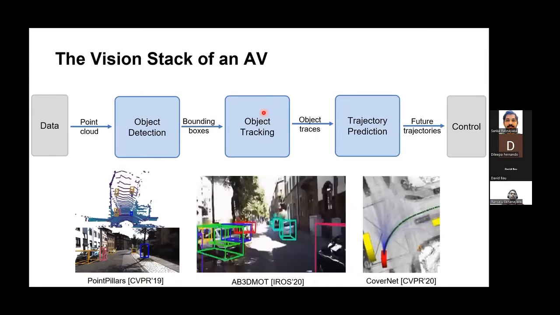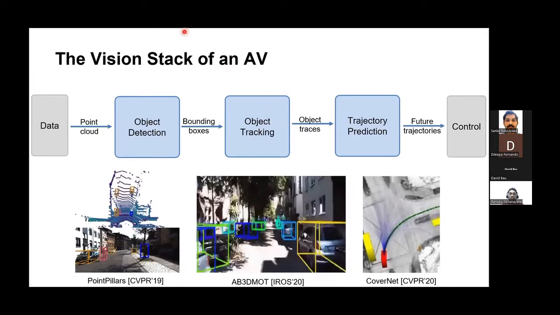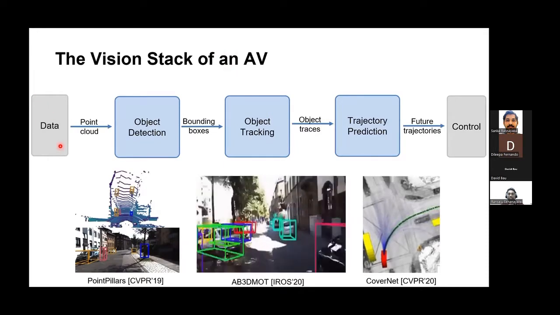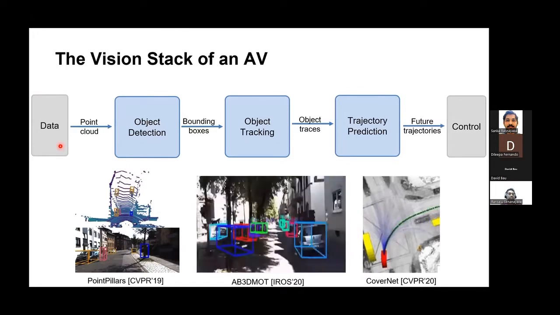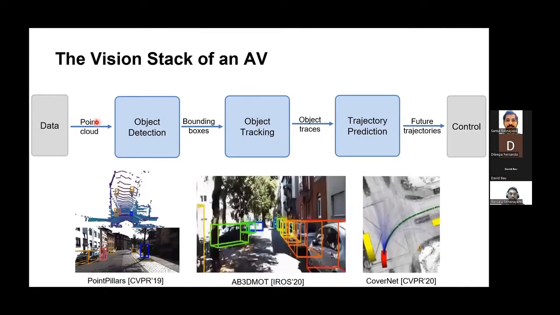Okay, with that in mind, now focus on the vision stack in an autonomous vehicle. We have data, basically the point cloud if it is LiDAR. The first thing we do is identify objects.